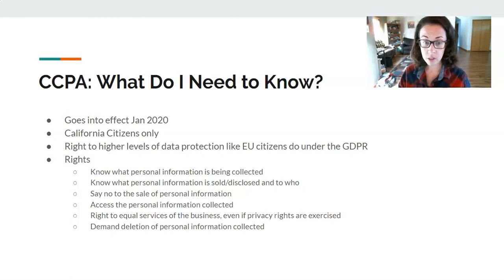So the CCPA goes into effect January 1st, 2020. It was something that was, I think, voted on in 2018, and they've been making changes to it in 2019. It supposedly goes into effect January 1st, 2020, and enforcement, so far as we know, won't really even begin until summer of 2020, if then.